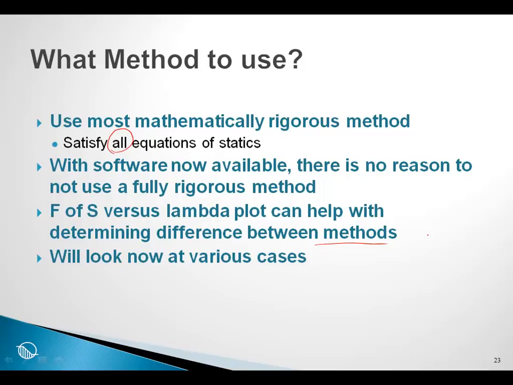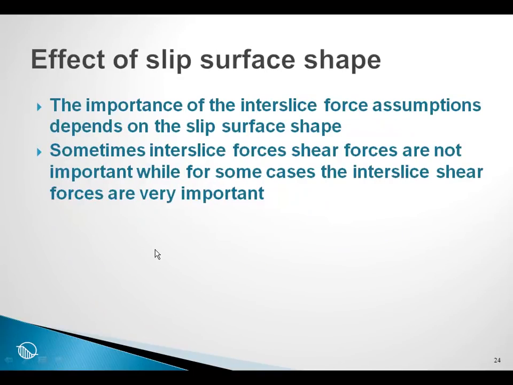We will now move on to a different subject, and that is looking at various cases and the effect of the shapes of the trial slip surfaces. Recall that in the limit equilibrium formulation, we have to make an assumption about the interslice forces.